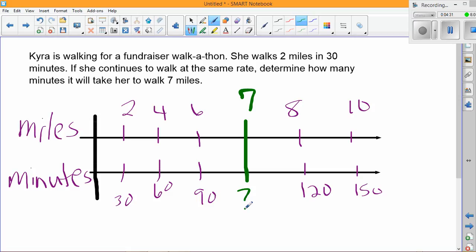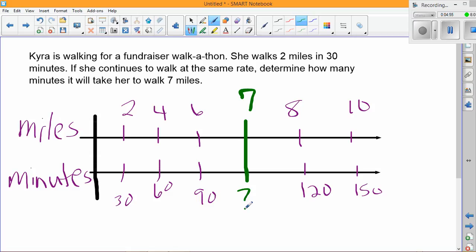So the trick is to figure out what fraction away is 7 from 6. And this one is very easy to see, but the rule of thumb is you take the numbers on top, the interval that we know it's in. It's between 6 and 8. There are 2 numbers between 6 and 8 because 8 minus 6 is 2.